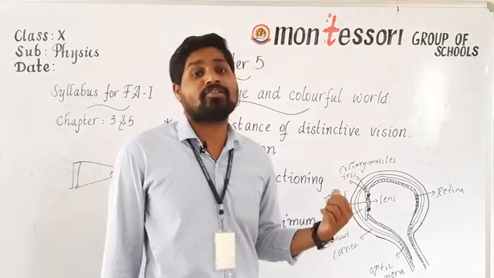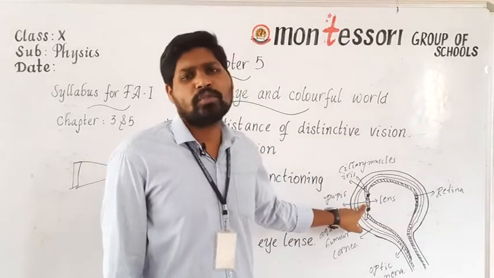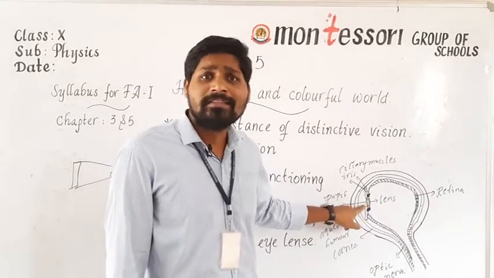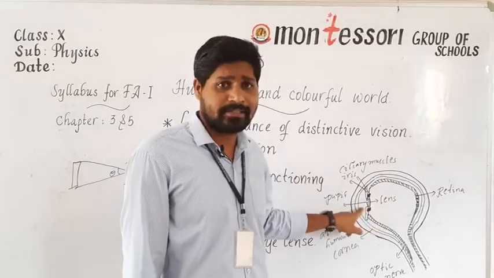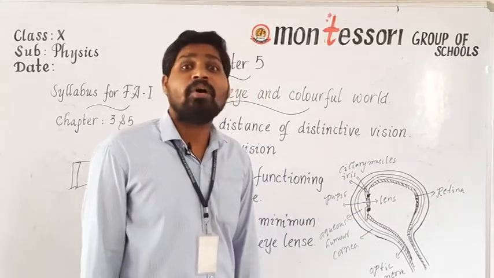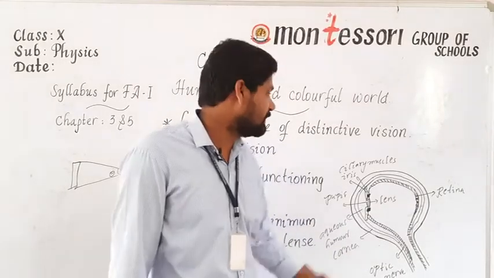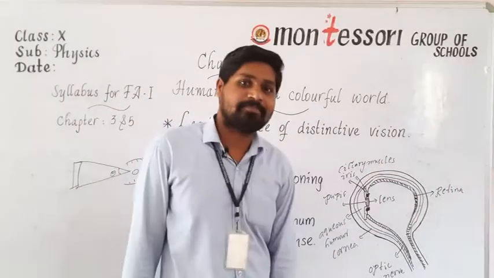This iris has a small hole in it called the pupil. What is the use of this pupil? Through this pupil only, light energy enters our eyes and the image is formed on the retina.